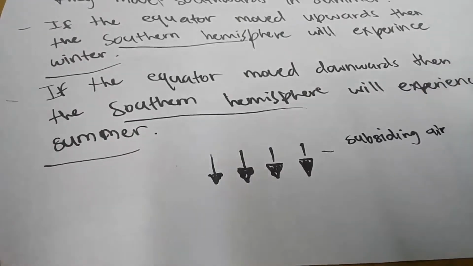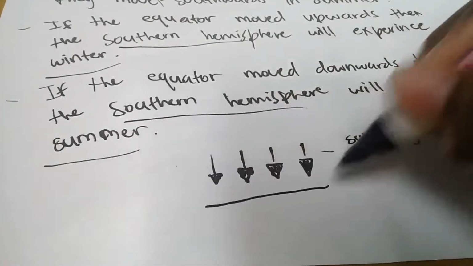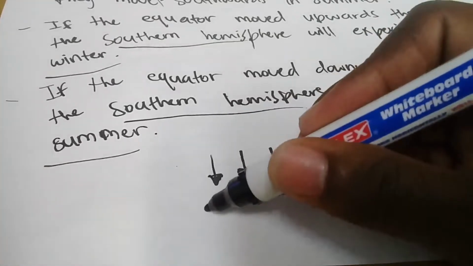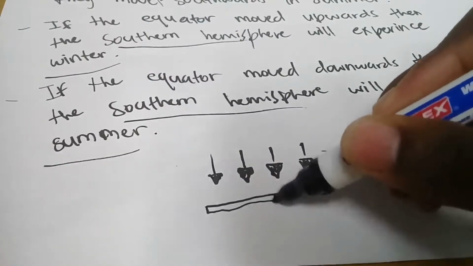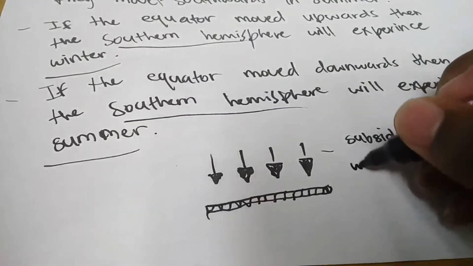This is subsiding air, and this is winter. There's a lot of subsiding air to the land of South Africa. And this is the land of South Africa. So this is winter.